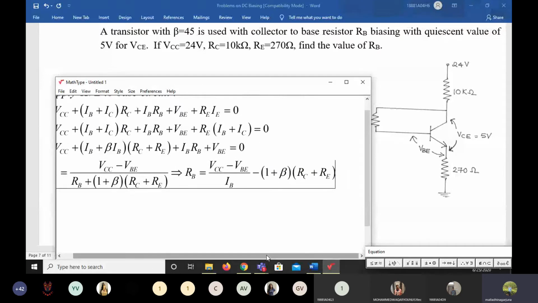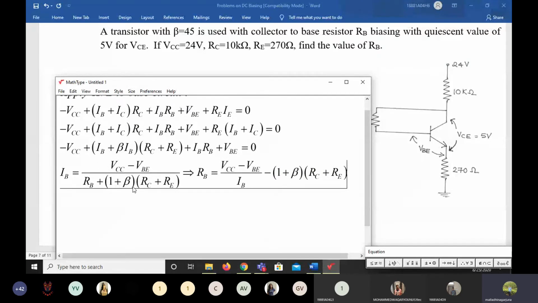So same equation, the base equation. From that you calculate RB. So this is the formula. You simply substitute.